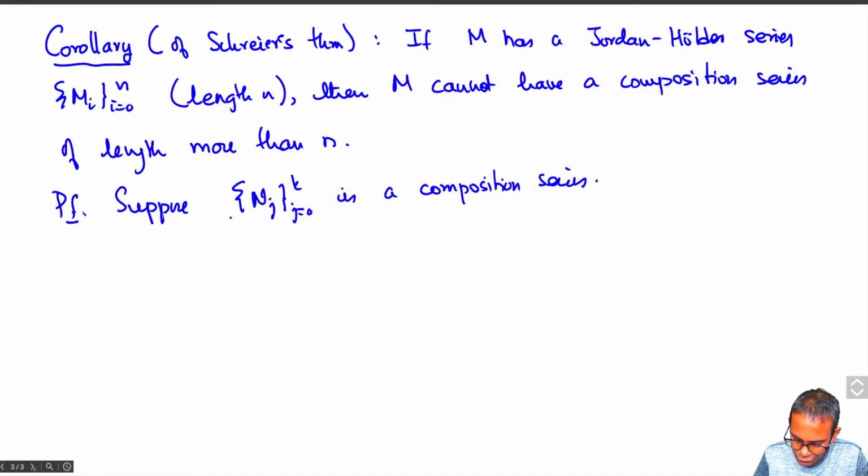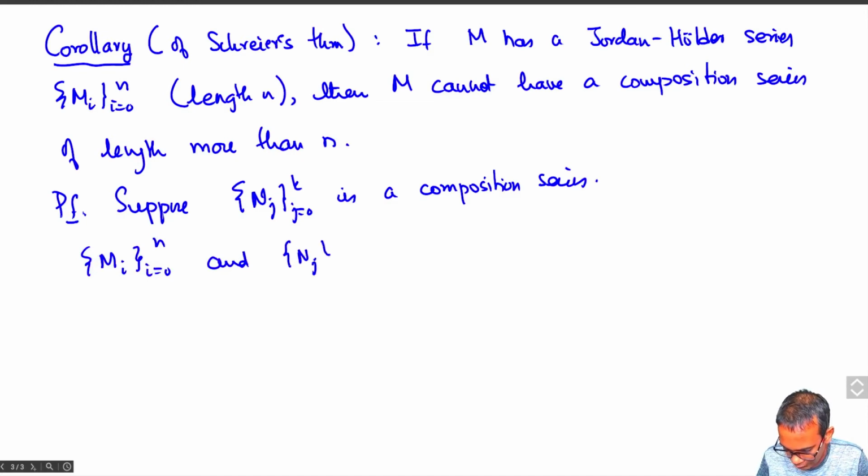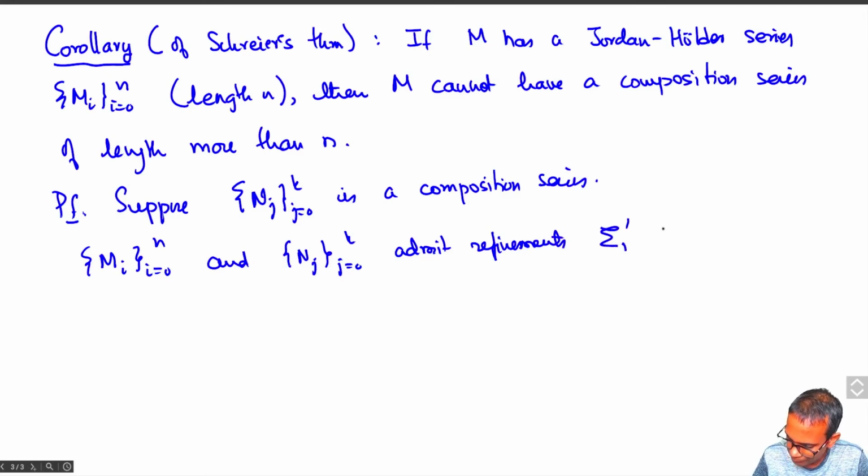Then N_j and M_i, i equals 0 to N, admit refinements sigma 1 prime and sigma 2 prime respectively.